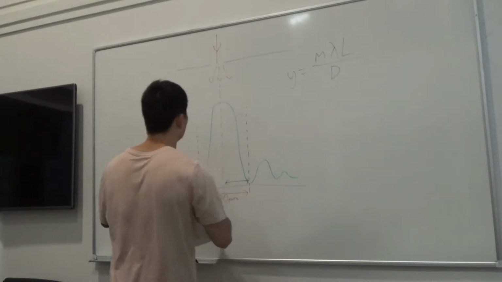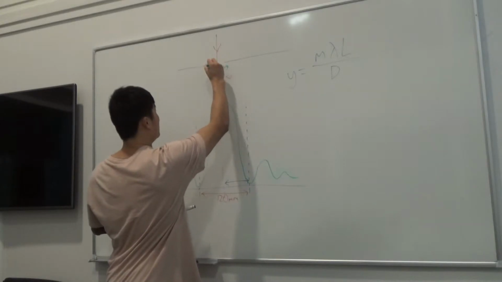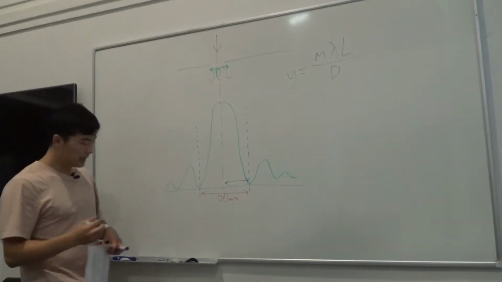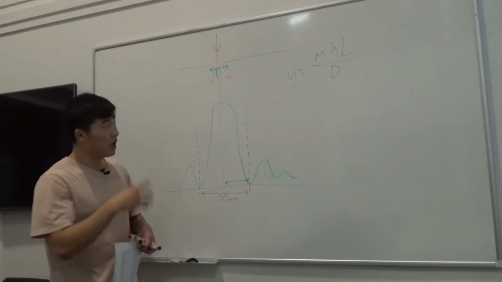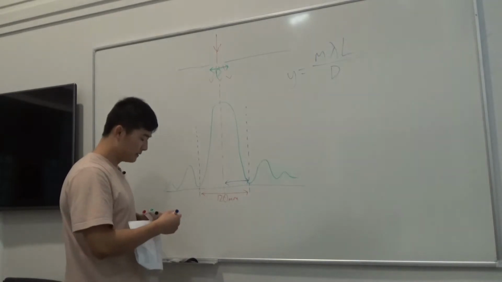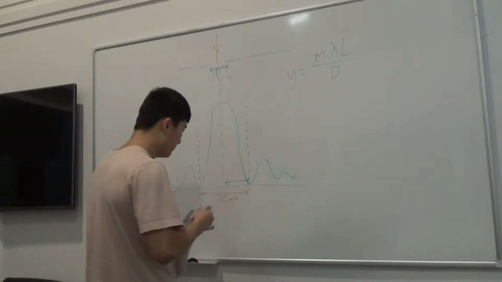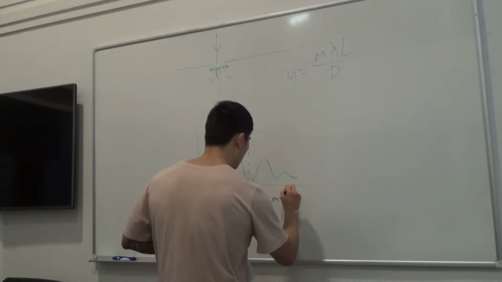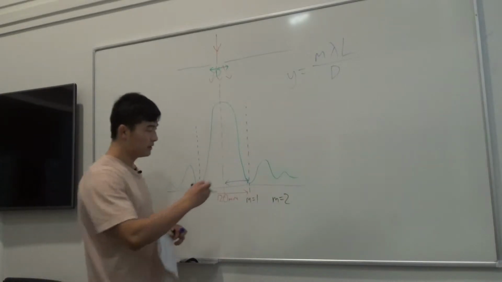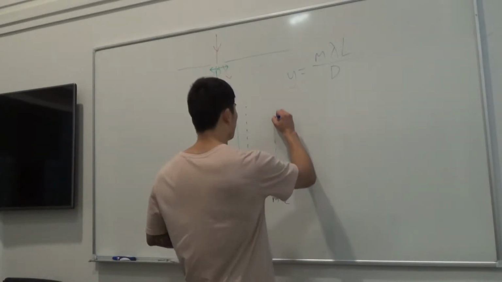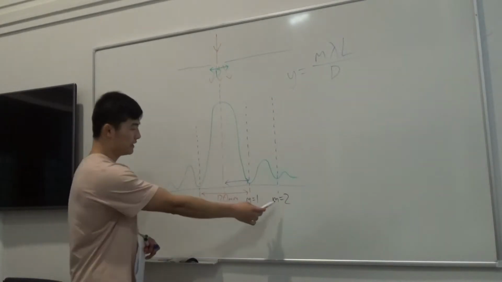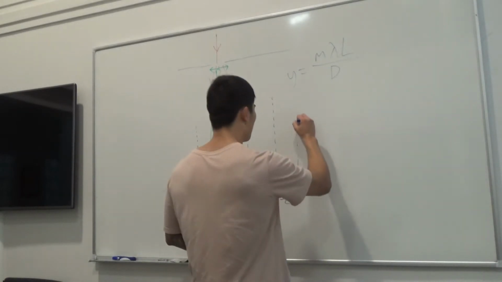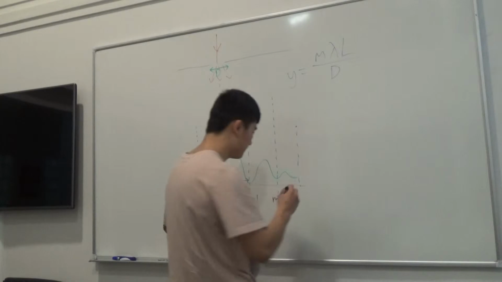The diameter of the slit here is D. If you want to find y to the first minimum, then m is equal to 1. The distance to the second minimum, m is 2, and to the third minimum, m will be 3.